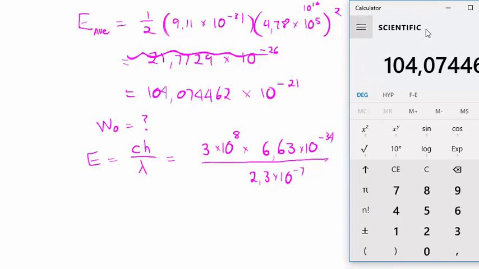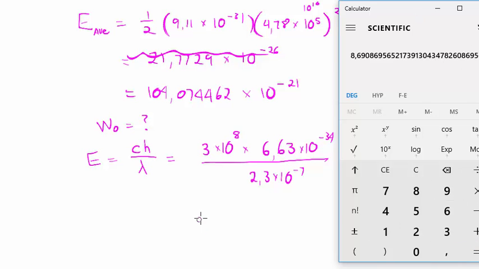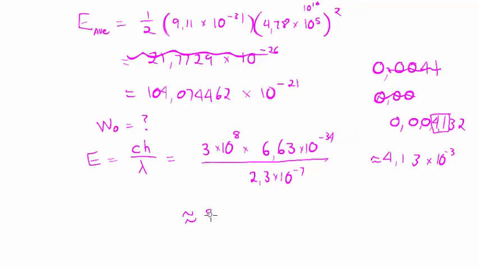So in other words, if I do this one, I'm going to take 3 times 6.63 divided by 2.3, and I get 8.69 roughly. I must just store it in my memory.